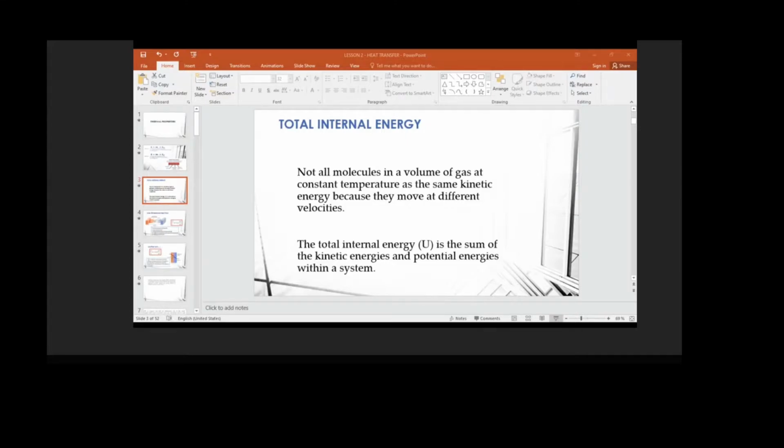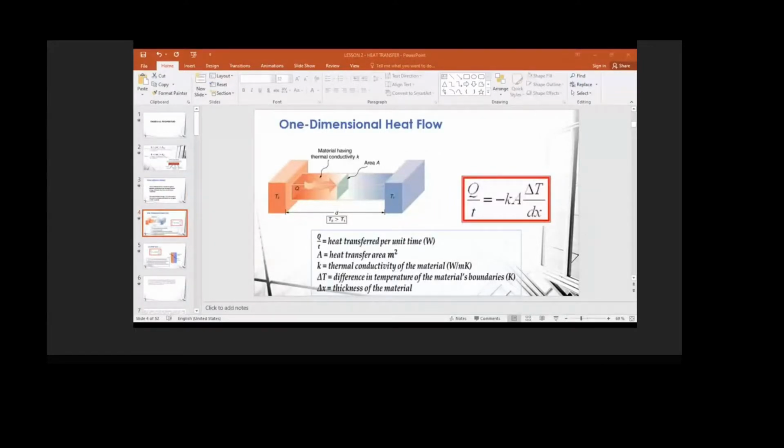So therefore, what is measured in watt? Power. Power, thank you. Alright, so power is measured in watt. So Q over t is basically the power of the heat transfer. So heat transfer per unit time is the same thing as power.